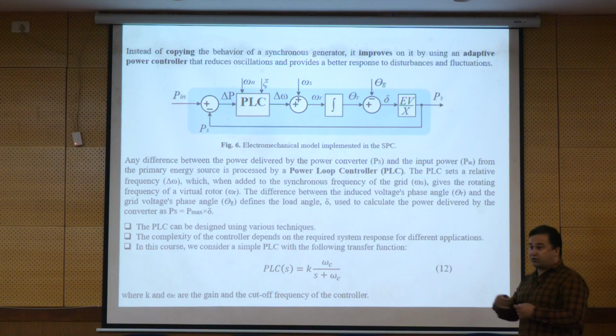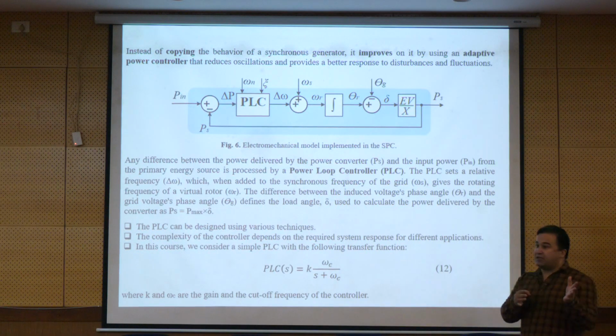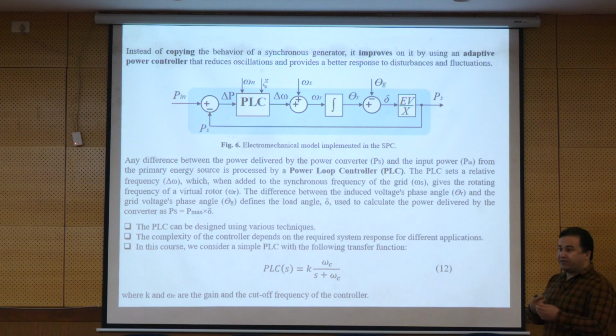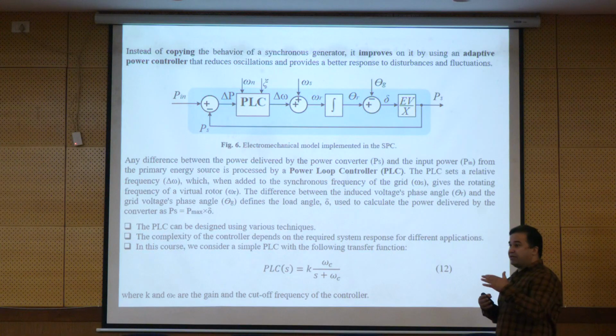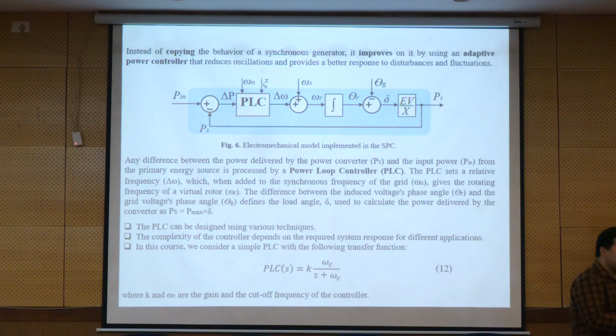So if you need something, you should calculate it and see that this is the response that I need. If you have a strong grid or a weak grid, the response time should be different. And if you have a stable network or an unreliable network, how you can compensate for it can be calculated with a different PLL. So as I mentioned, this is the simplest one that we can consider for this model.